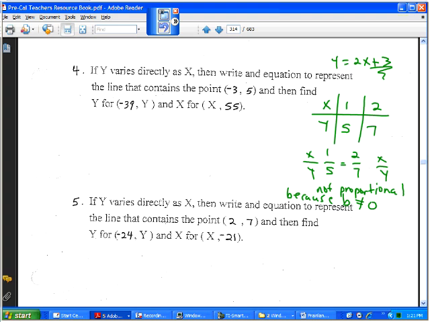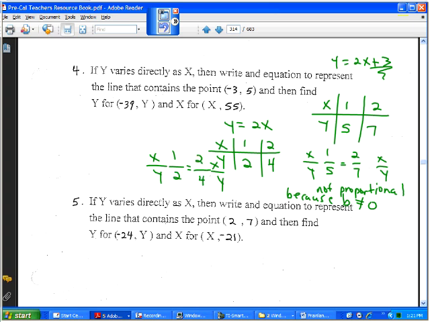But if we had a situation like y equals 2x, when the 3 was not there, if x is 1, y is 2. If x is 2, y is 4. Now let's look at it. The x of 1 over its y of 2, x of 2 over its y of 4.